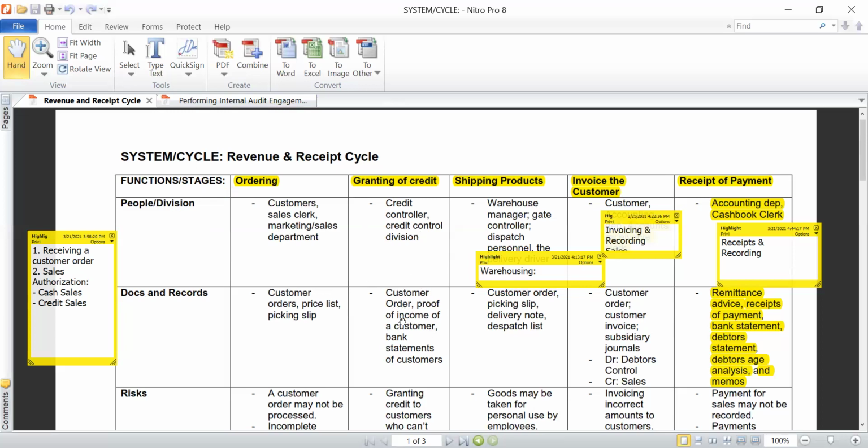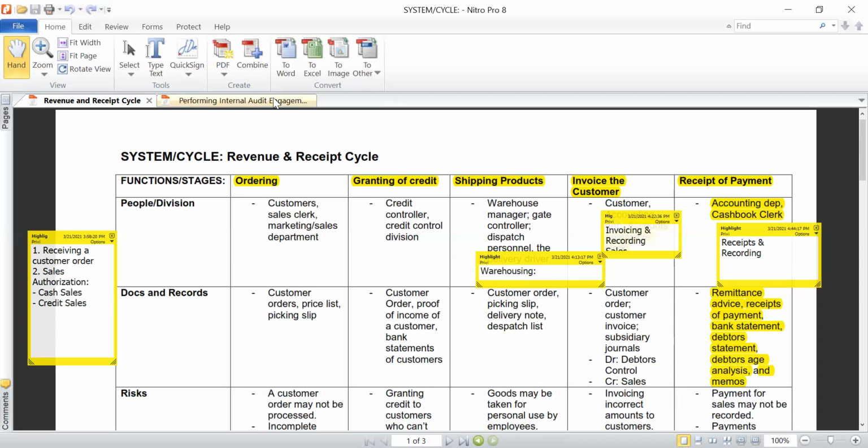There's a customer order form copy, proof of income of a customer, and bank statements. All of these are background information of a customer that helps the credit department to evaluate the credit worthiness of a customer and conclude whether a customer can be granted credit or not.